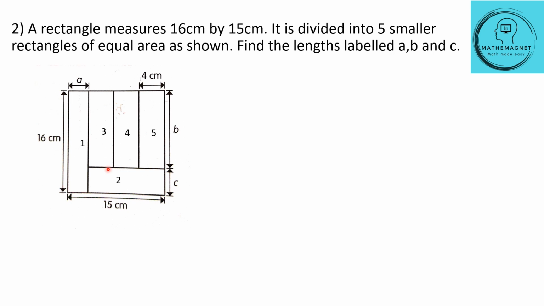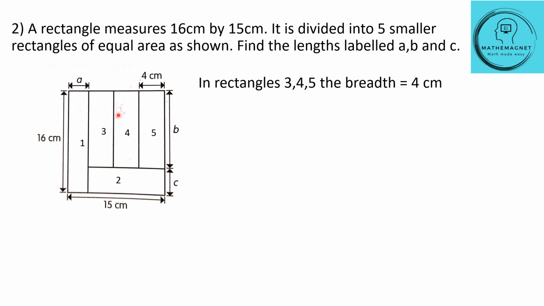Now they have told us all the rectangles have an equal area. So let us find them out. From rectangle 3, 4, 5, we know they have the same length, which is B. And rectangle 5 has been given a breadth measurement of 4, which means for rectangle 3 and 4 also the breadth will be the same because their areas are all equal.